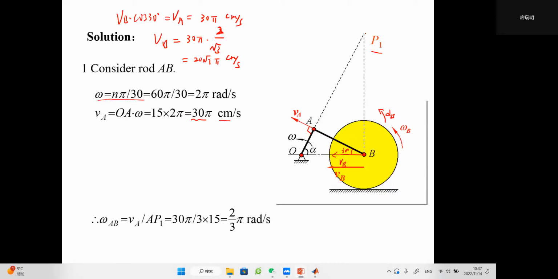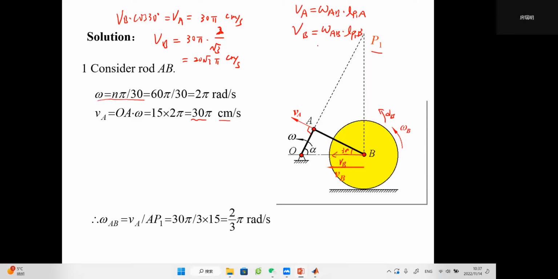Do you guys remember? If we find this center, VA will equal omega AB times LP1A, right? And our VB also equals omega AB times LP1B. Since we know the magnitude of VA from here, we just use VA over LP1A to find omega AB.